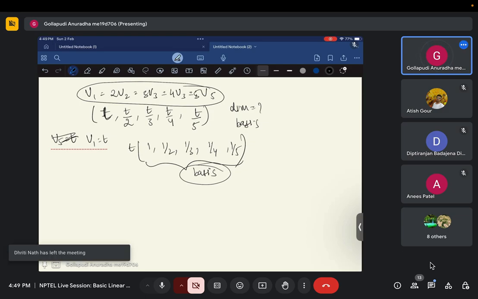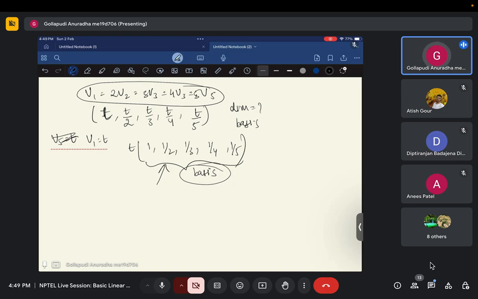But with any combination of vectors outside the set, we cannot get this. Do you understand? That is the basis. I hope you are clear with what a basis is and how you determine, for a given constraint on the components, whether the set of vectors will form a vector space or not.